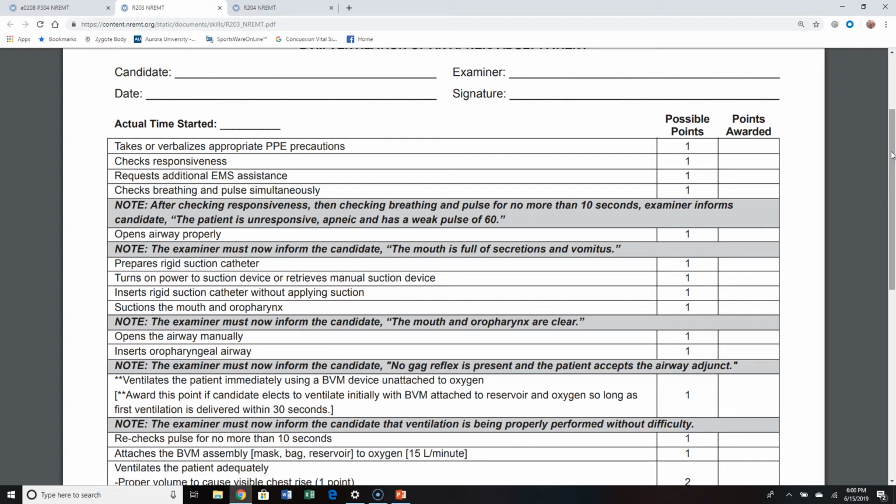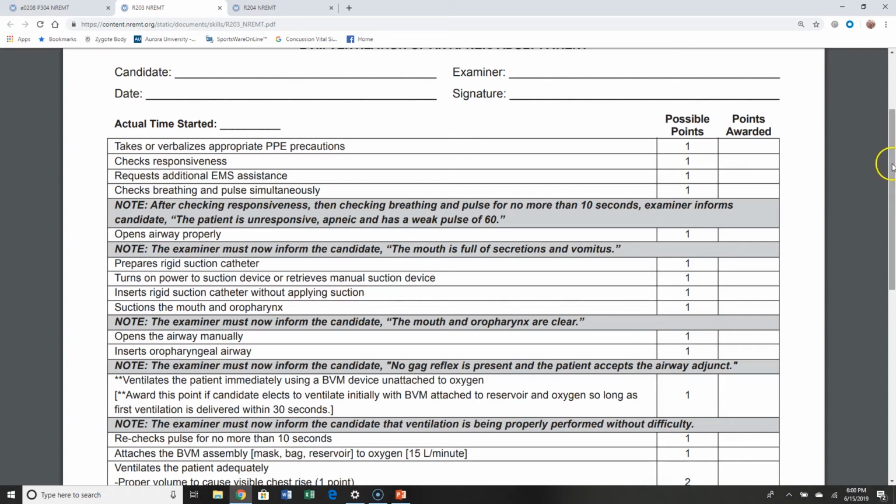And certainly we're assessing our patient as we're trying to use that. Like I said, this is a little bit separate from the skill we just talked about. But airways open either through jaw thrust, head tilt, chin lift. We should have suction equipment ready. We should have suctioned the airway if it is needed, because otherwise we'll start pushing those secretions down into the lungs, and that's not necessarily good for the patient.